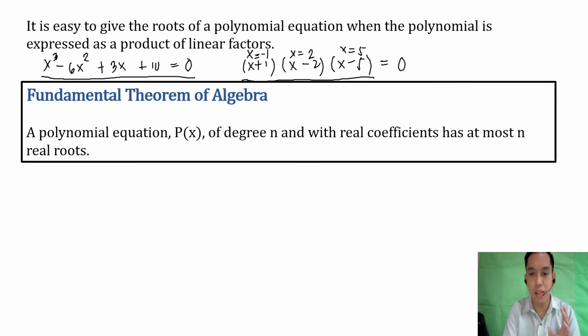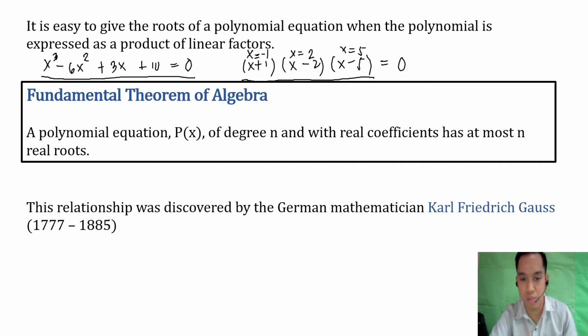So mayroon tayong tatlong roots, negative 1, positive 2, at saka positive 5. So 3 yung ating degree, mayroon din tayong tatlong roots. So yun yung ating fundamental theorem of algebra. And this relationship was discovered by the German mathematician Carl Friedrich Gauss. Siya yung nakadiscover ng ating fundamental theorem of algebra.